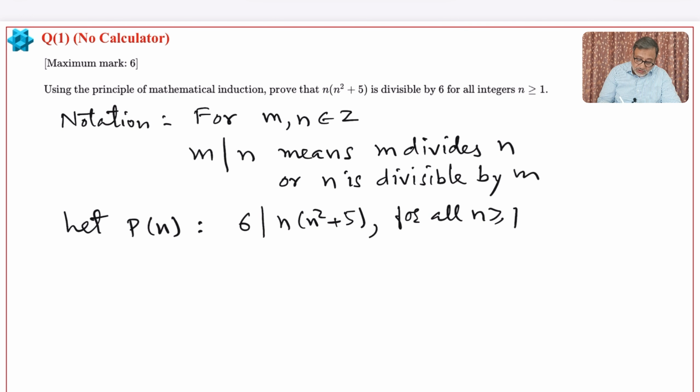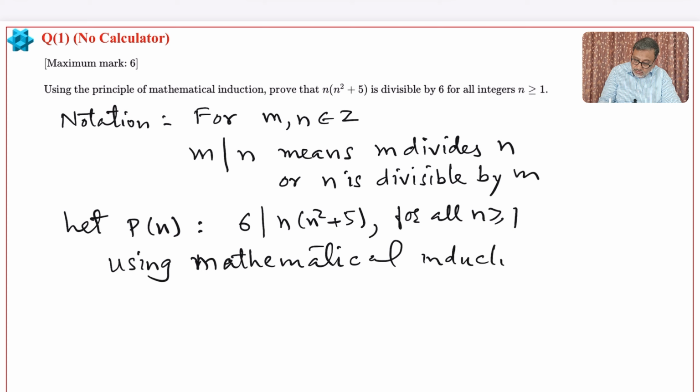So using the method of mathematical induction, it starts with 1, so P(1), step 1: n equal to 1 implies 1 into (1^2 + 5), which will be 6.